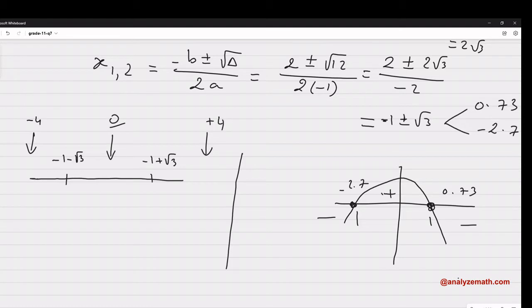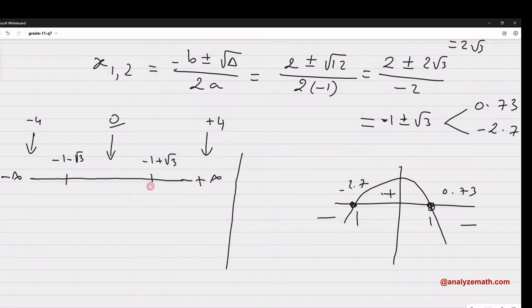Now when I say here, remember I have got 3 intervals. So when I say here, I'm talking about the interval. The first interval is -infinity to the first solution. The second interval is from the first to the second solution. The third interval is here.